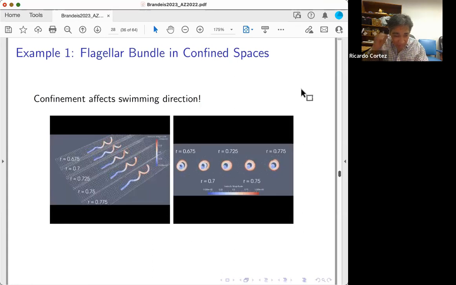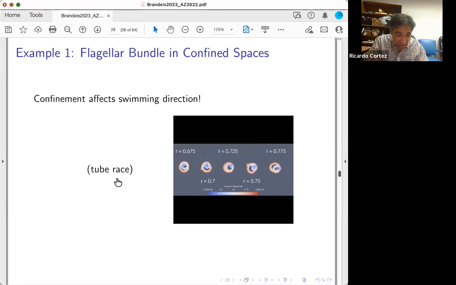And then we did a couple more experiments. In this case, what you see here is the same organism in different tube radii, and we're not letting it move forward. We're keeping it from translating, just to see the motion.